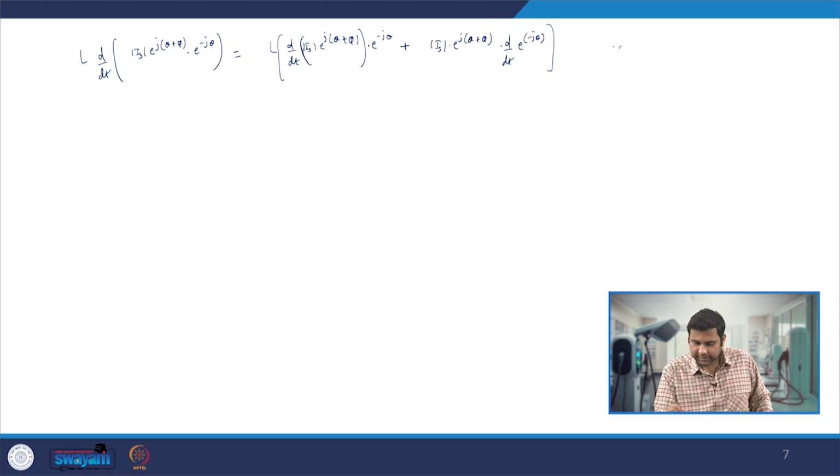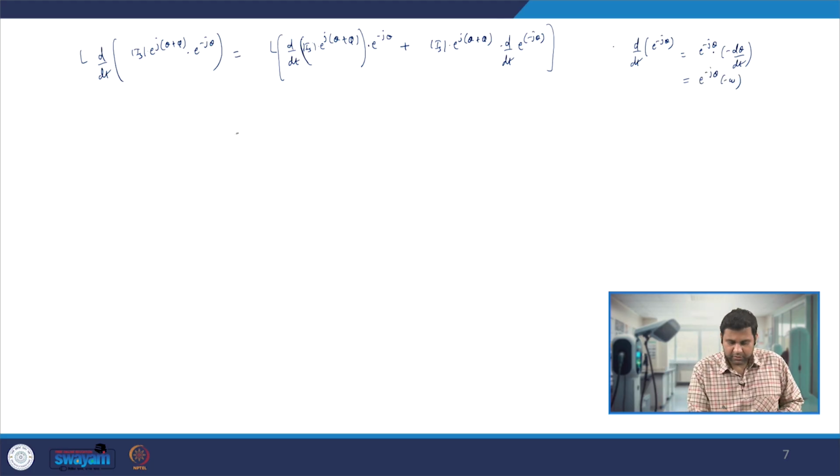Now we can write d by dt of e power minus j theta to be nothing but e power minus j theta times minus d theta by dt, which is equal to e power minus j theta times minus omega.